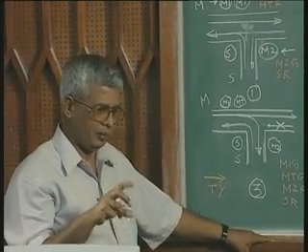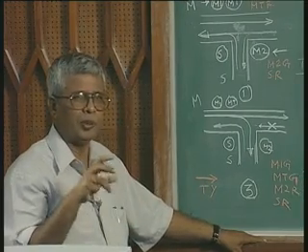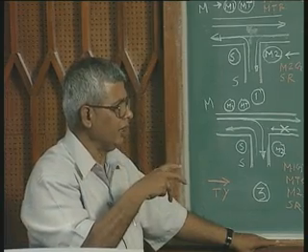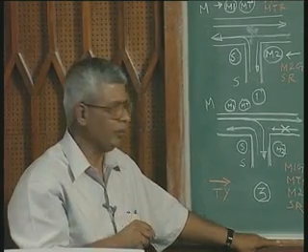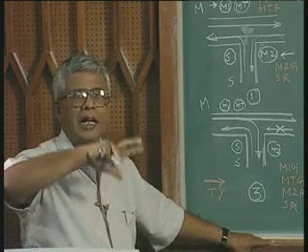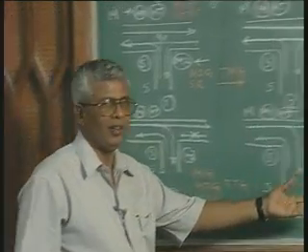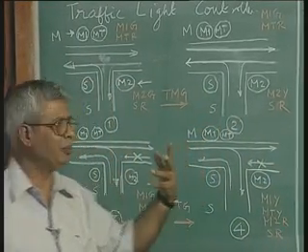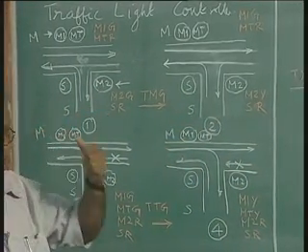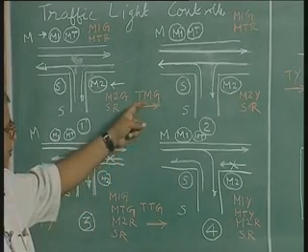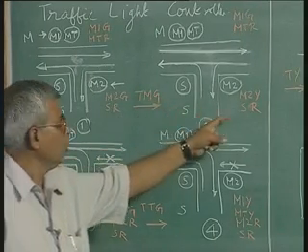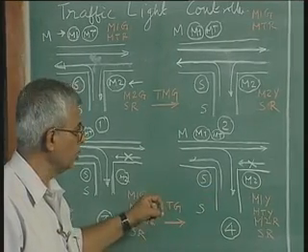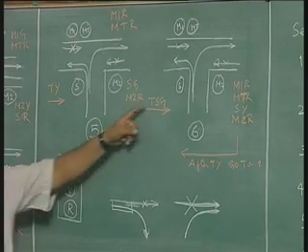This problem is an example of how a specification is translated into a state machine. A state machine means a state diagram, and for that I need a very clear understanding of the problem. These figures give a very good understanding of the requirement. What are the various inputs and outputs? Inputs are Ty, the yellow time, TMG, the main green time, TTG, the turn green time, and TSG, the side green time.